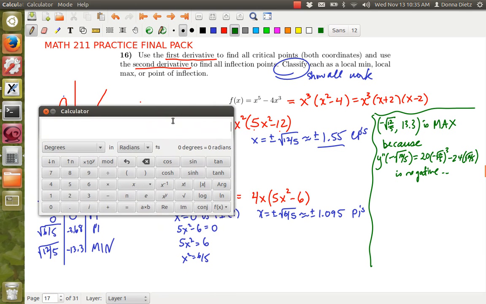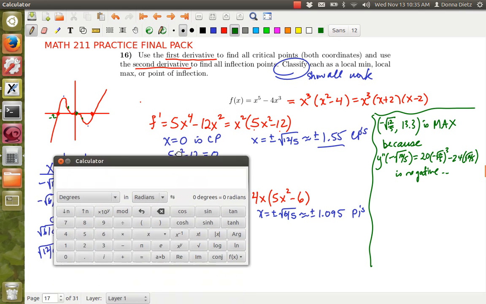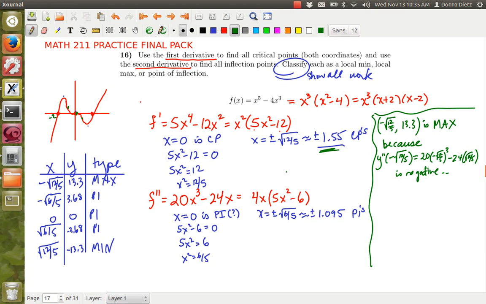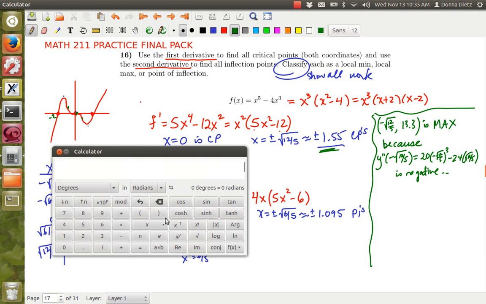Alright, so your negative square root of 12 over 5 is about this value, negative 1.55. So let's calculate this. 20 times negative 1.55 to the power of 3 minus 24 times negative 1.55, and then I double check to make sure I've typed it in correctly.